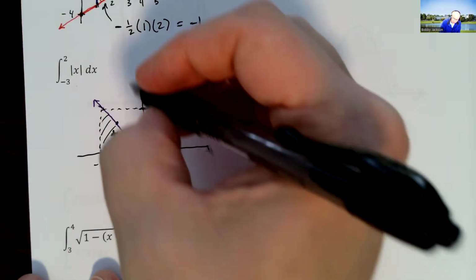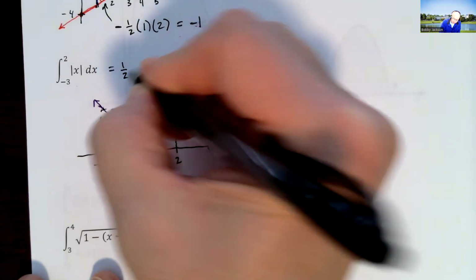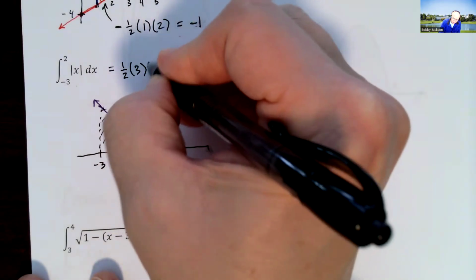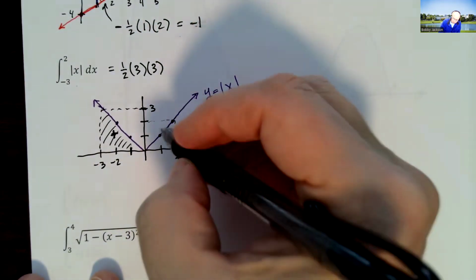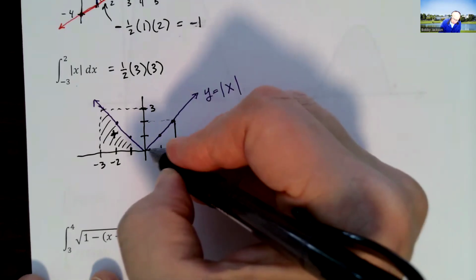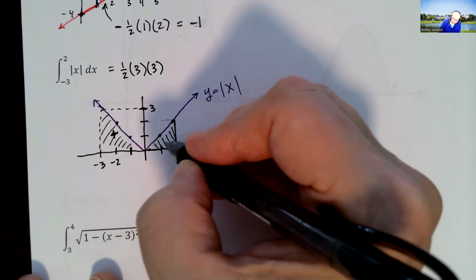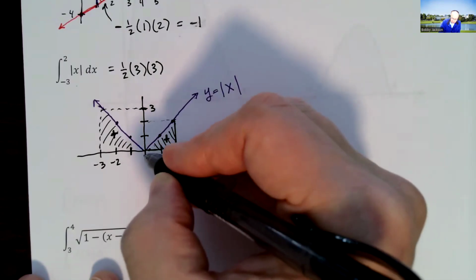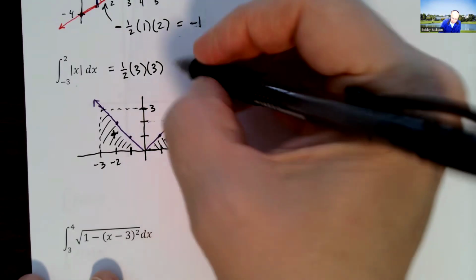And so we're going to get 1/2, the base is 3 and the height is 3. For this triangle here, the graph is also above the x-axis, so it's a triangle, base is 2, height is 2.